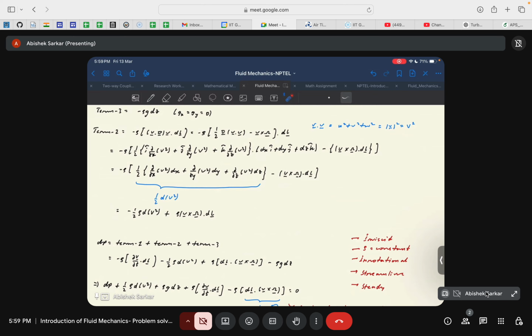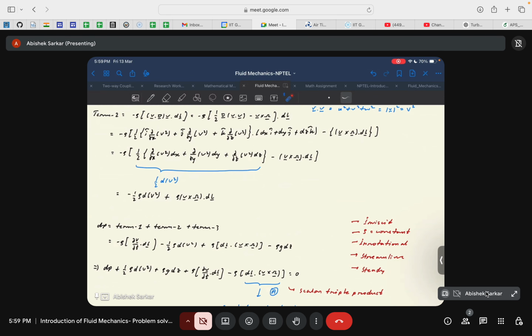So the nabla operator operating upon v square can be represented as something like this, times this. We are just segregating, since it's operating on both the terms, so you multiply dl with both the terms, so you'll have this term, plus this, minus v cross omega times dl.